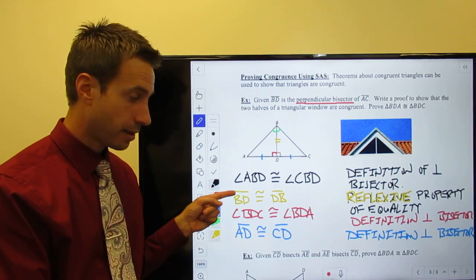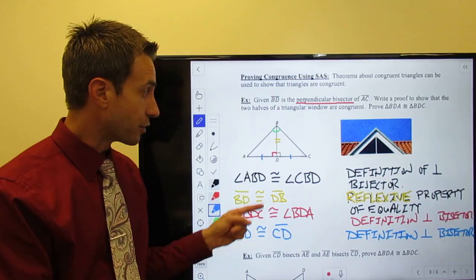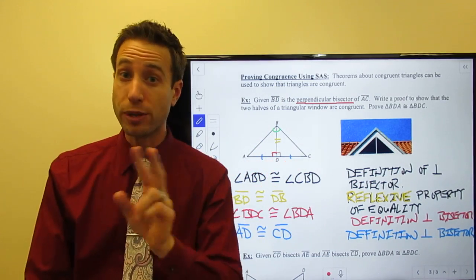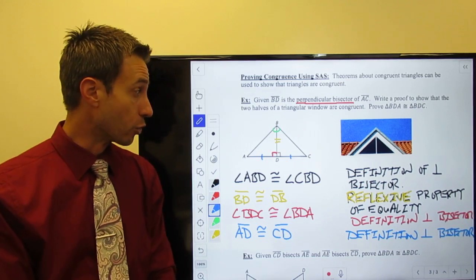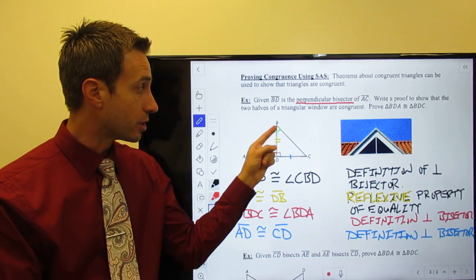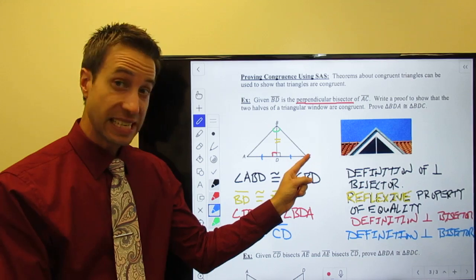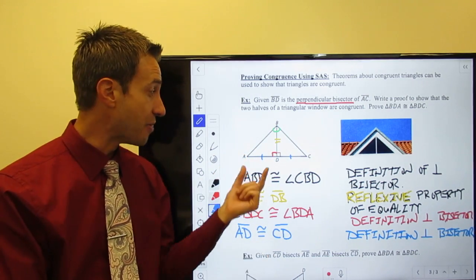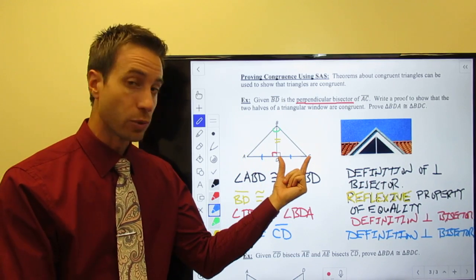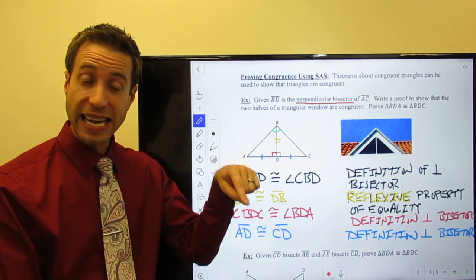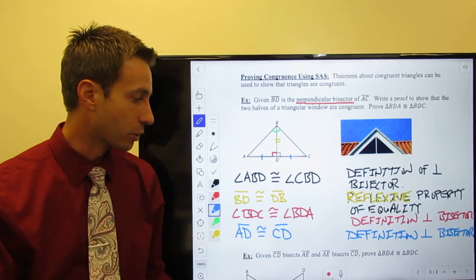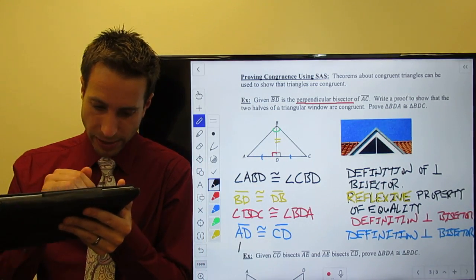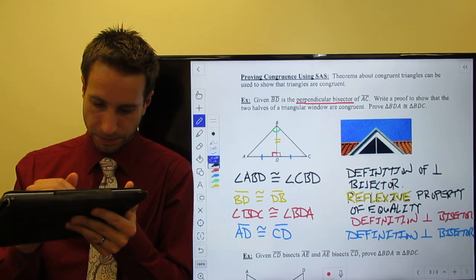Look, side, angle, side. I've just proven that a side, an included angle, and another side of two different triangles are congruent. BD is congruent to DB. BDC is congruent to BDA, so side, angle, and then side AD is congruent to side CD. Side, angle, side of two different triangles. So squeeze it in there at the bottom. Side, angle, side congruence theorem.